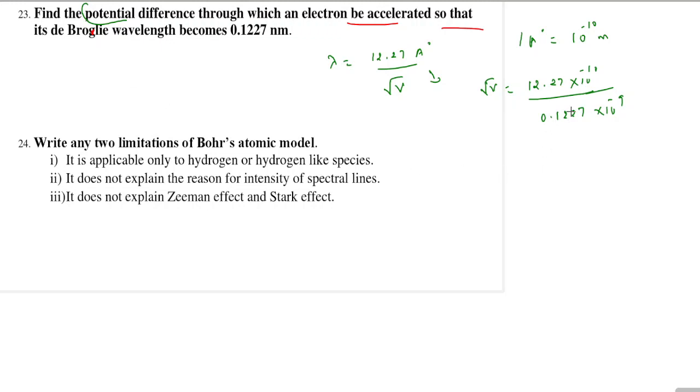Here it goes 100 times, and this goes 9 times. So what remains is root V is 100 into 10 power minus 1, because this factor is 10. Root V is 10, or V is equal to 100 volt.